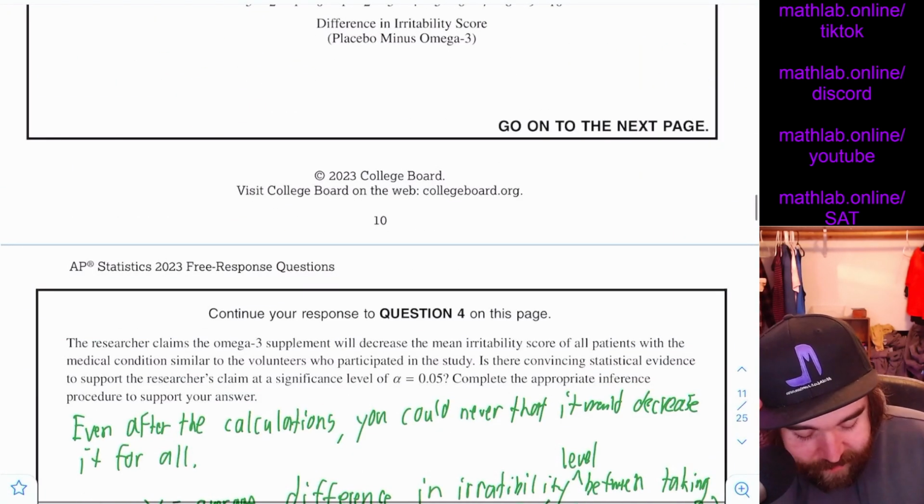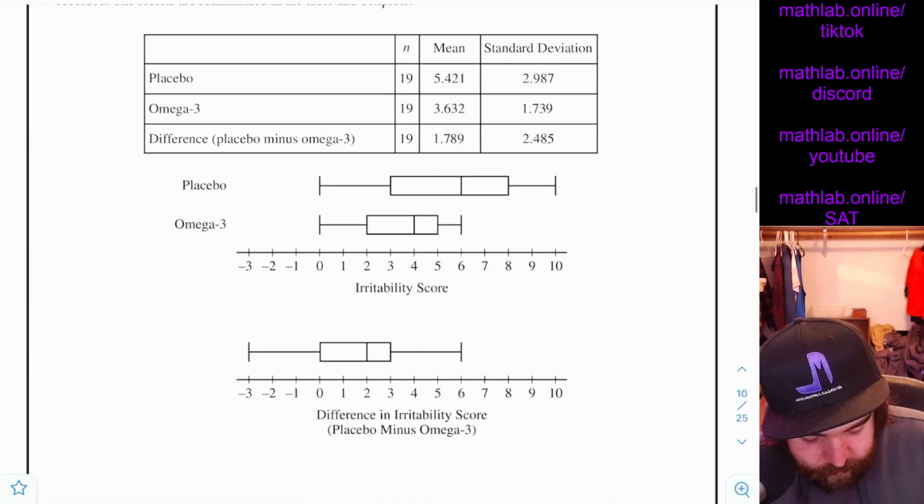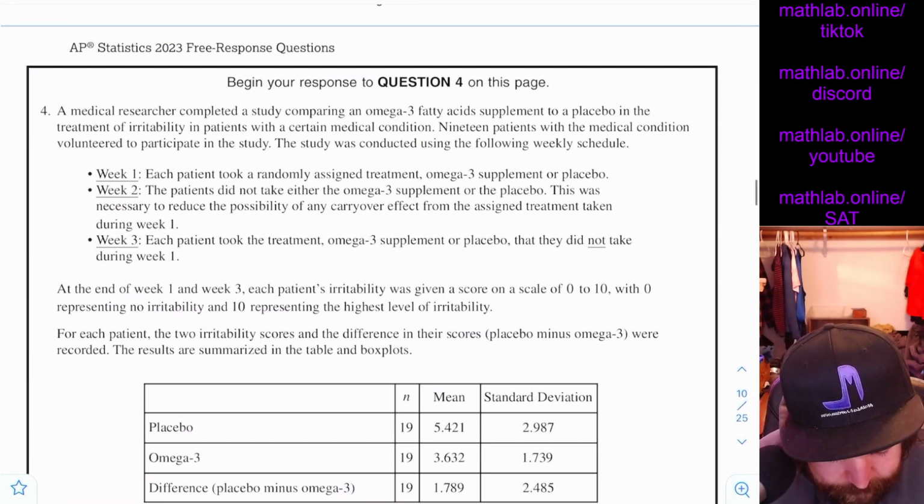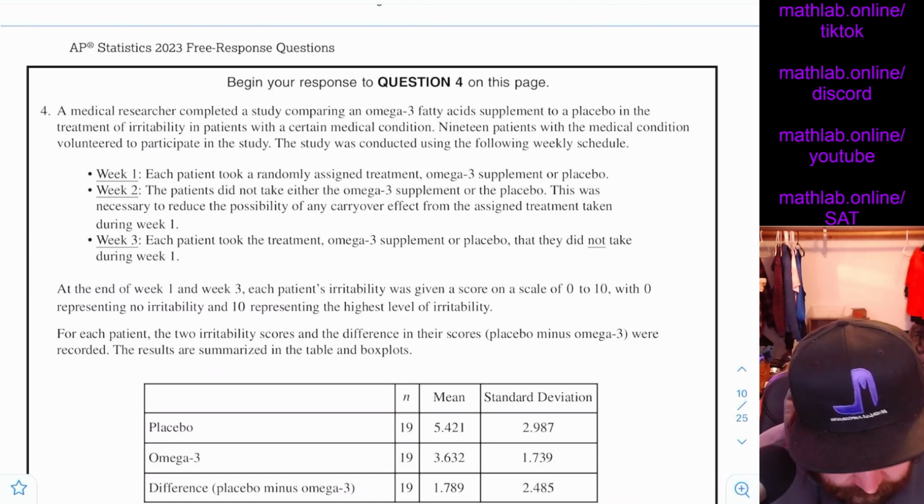There is evidence that, who did they get to volunteer? Oh, somebody with a medical condition.